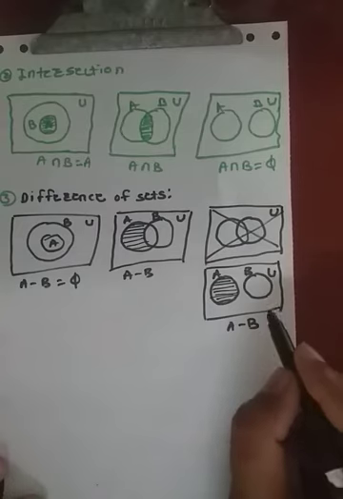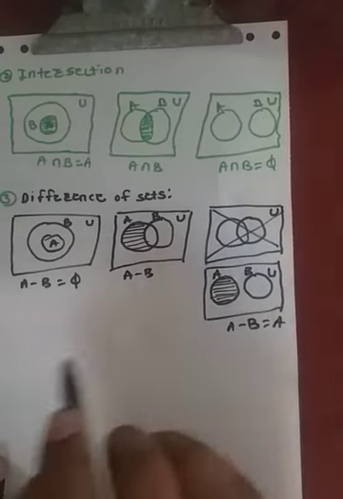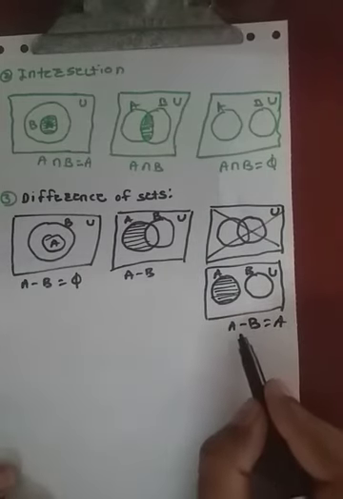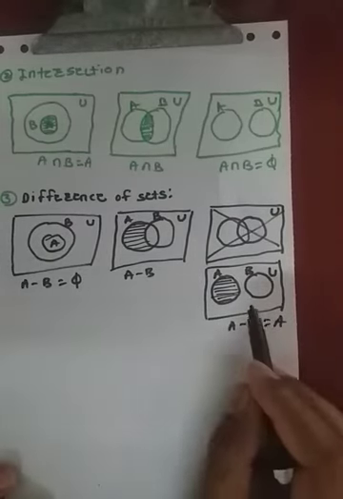A minus B is equal to A if A and B are disjoint.